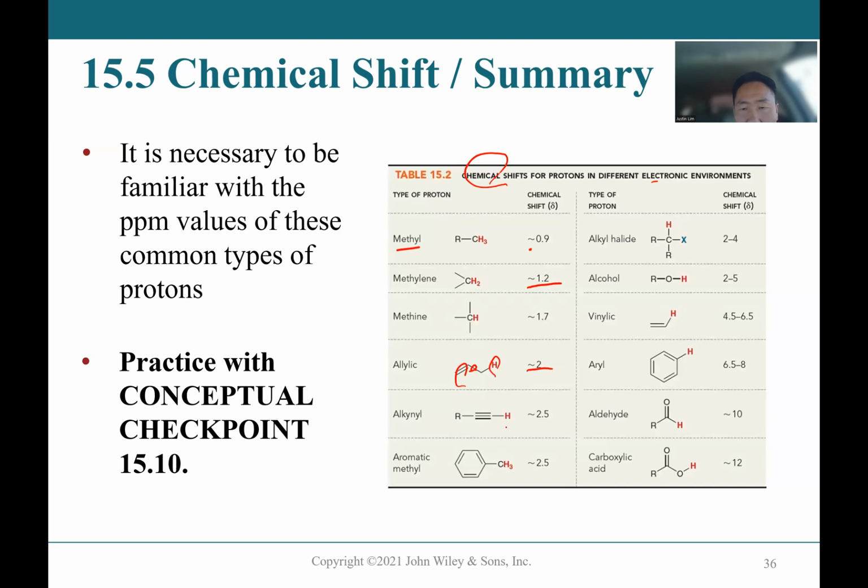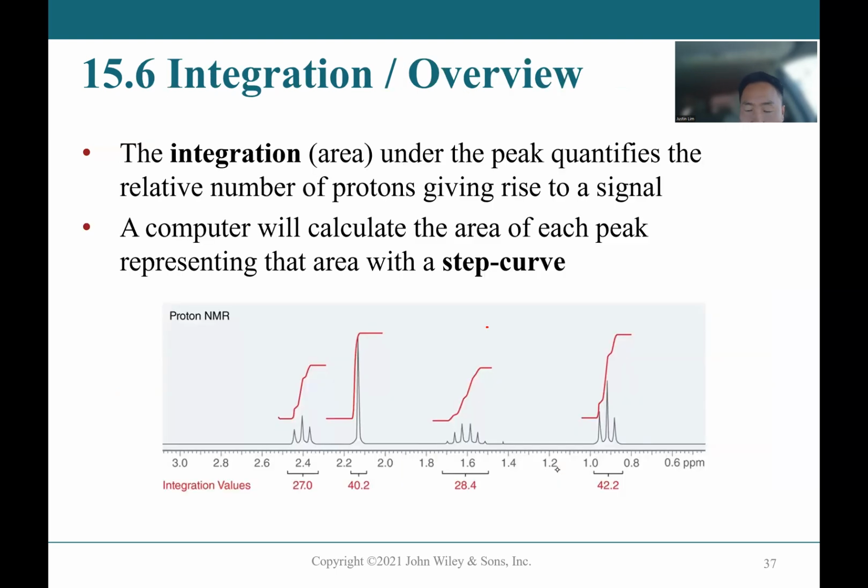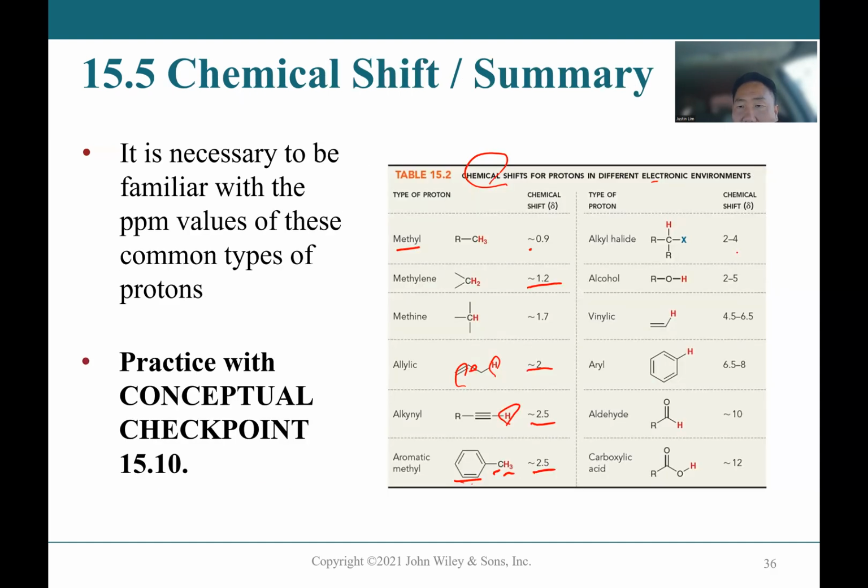Next, alkyne around 2.5, aromatic ring, carbon next hydrogen 2.5. Alkyl halide 2 to 4, alcohol hydrogen 2 to 5, vinyl hydrogen between 4.5 and 6.5, aryl proton 6.5 and 8, proton in aldehyde around 10, proton in carboxylic acid around 12. Let's memorize chemical shift for proton NMR.